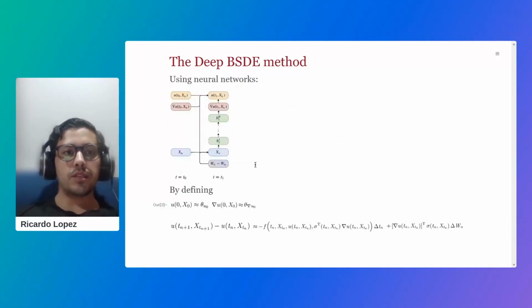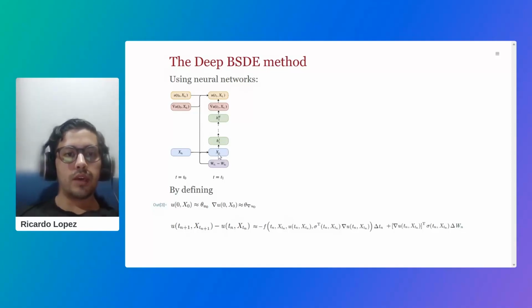So let's now use neural networks to solve this. We will define the gradient at the initial time and the function at the initial time as parameters that we will then train. And then with x and W, we take that as an input and put it in a neural network with h hidden layers that is represented in this region right here.